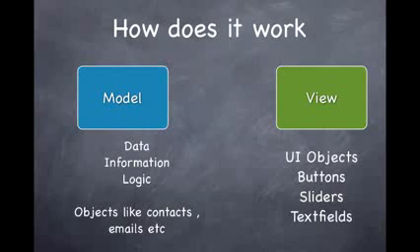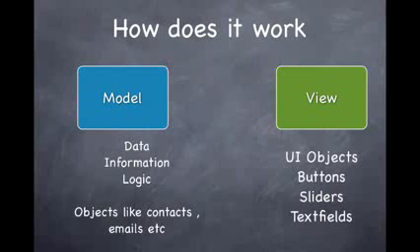So say for example you have a contacts object. Your contacts object would store the person's name, the address of that person, and their telephone number. And say you have email: you have the sender, the receiver, the subject, and the actual body of the email, and these would all be adapted to an actual object.